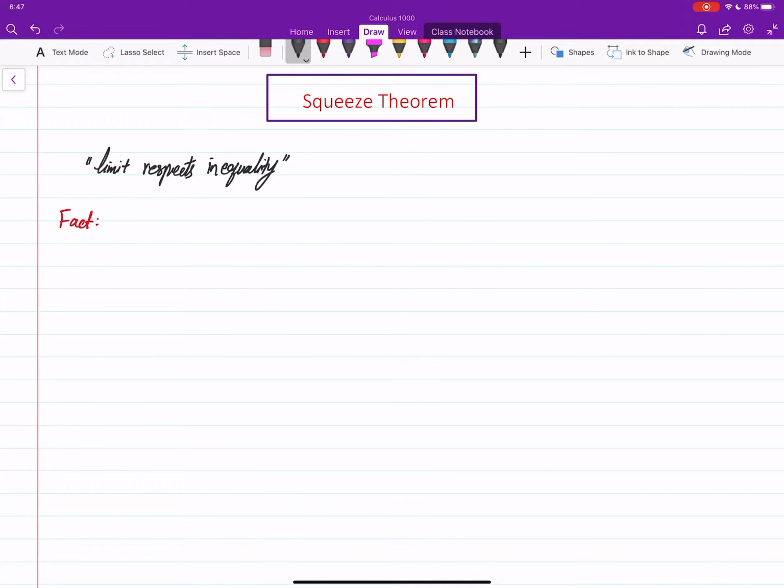It says that if we have two functions, f of x and g of x, such that f is less than or equal to g for values of x around a, so for x around a, and since we are going to work with limits, we don't care about what happens at a, so except at a.